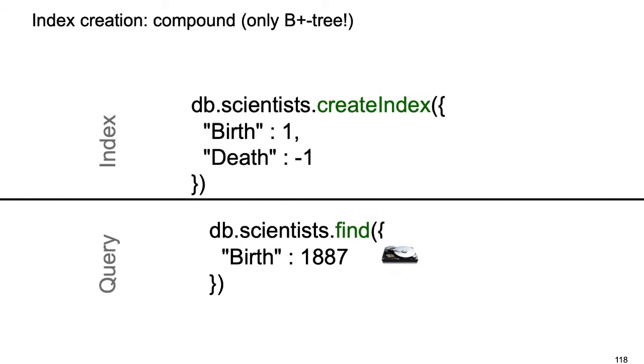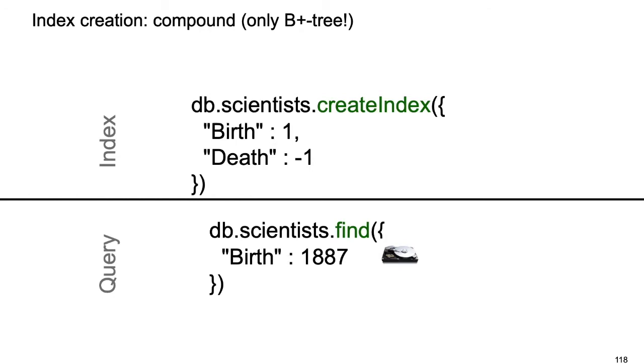Okay, now this here is important. It turns out that if you build an index on compound keys, birth and death in that case, but your query only looks for the birth, you can use the index. Why? Because that's actually a range query. Imagine the lexicographic order on birth and death. What are all the births of a specific date?